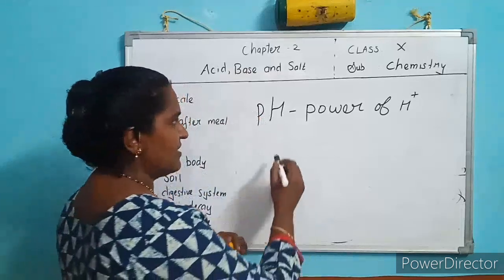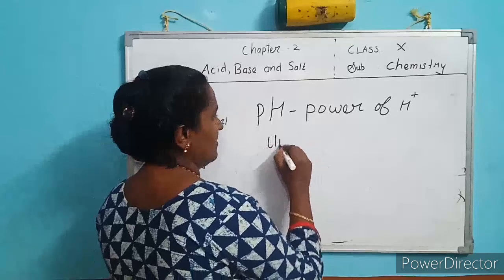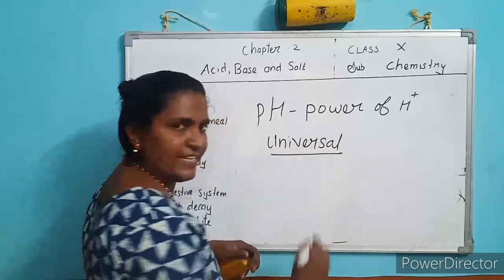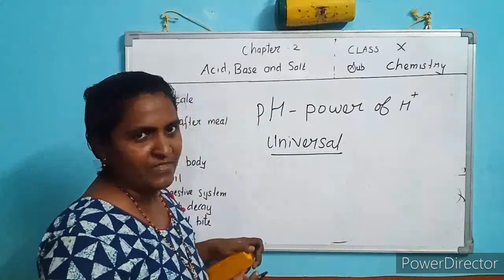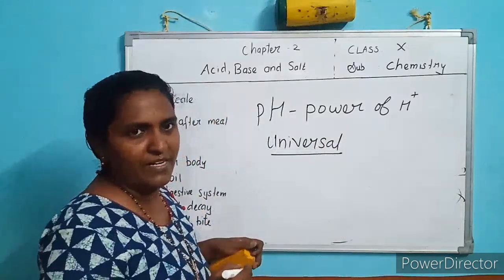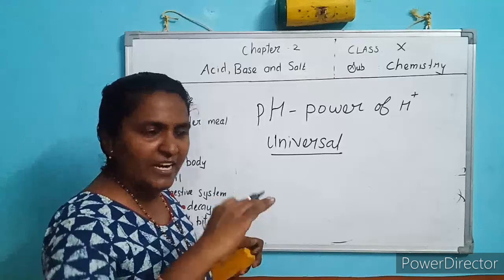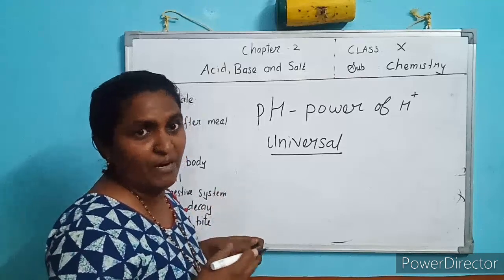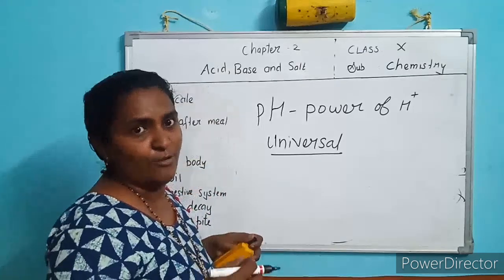Understood? This universal indicator is a kind of paper. With the help of this paper, we can find the type of solution, or the power of hydrogen ion in the solution.